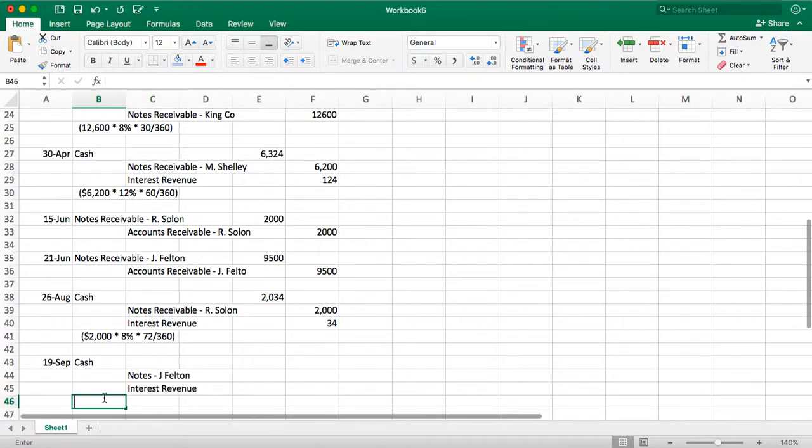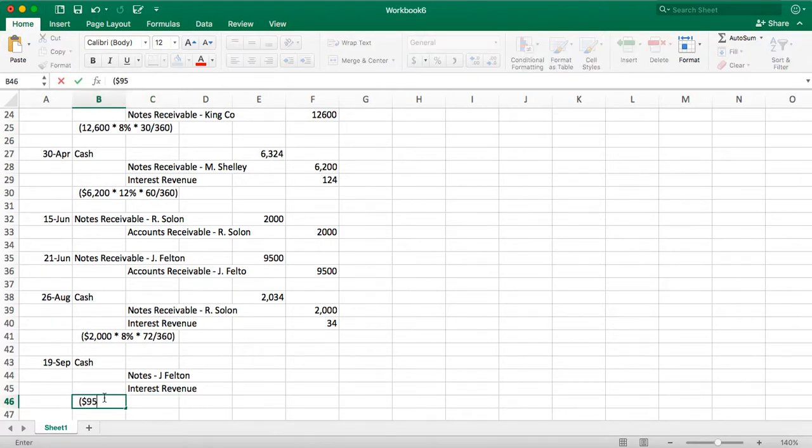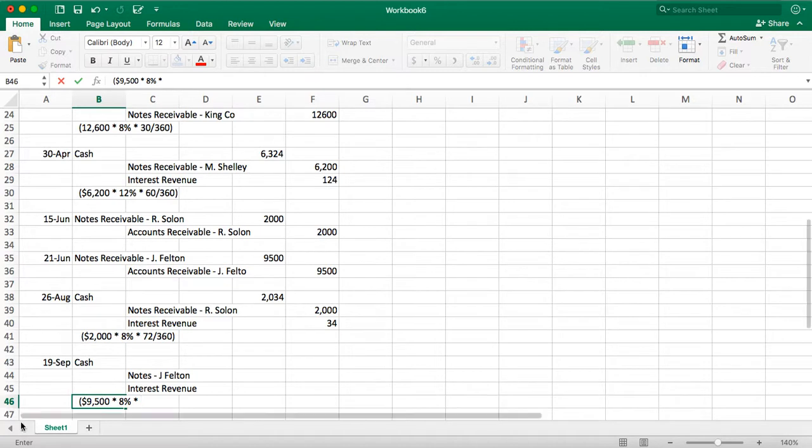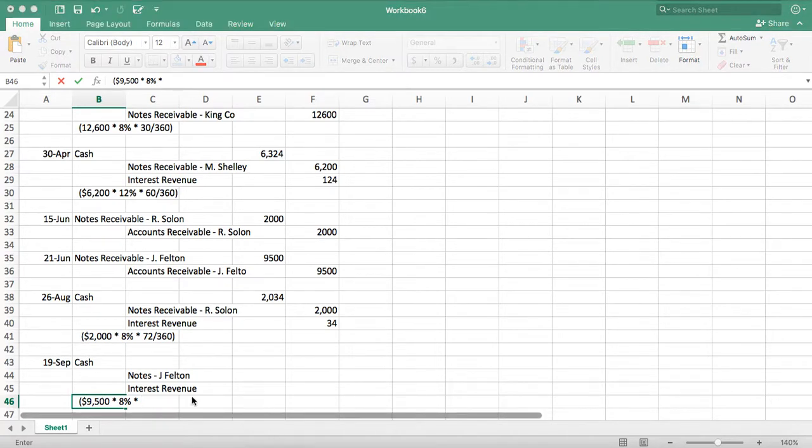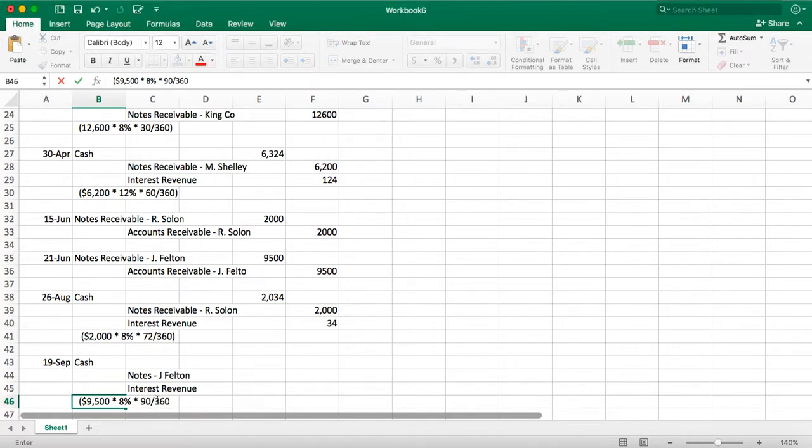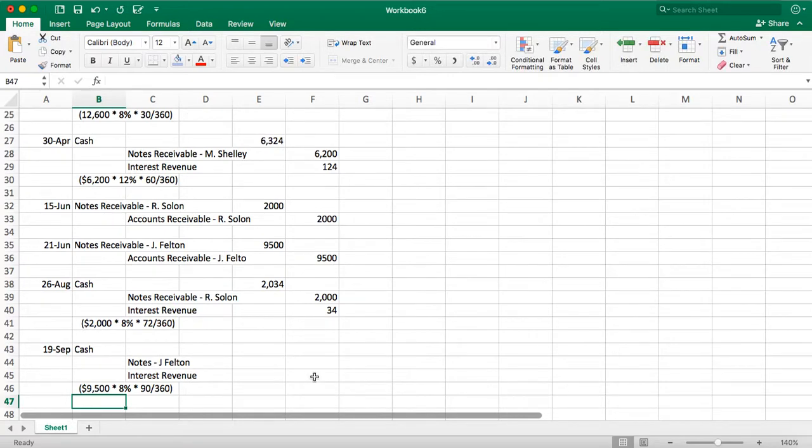And then to calculate that, we take the 9,500 times, and that one was 8%, and it was for 90 days of the 360. So the interest revenue is $190. The notes receivable was $9,500, and so the cash received was $9,690.